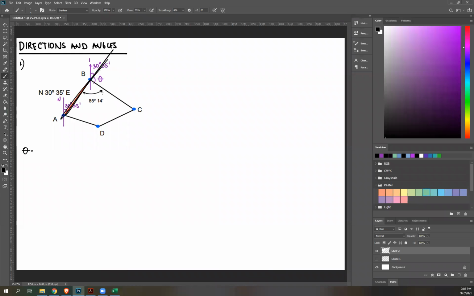Theta is actually the supplementary of 85 degrees 14 minutes. So in order to get theta, that's just 180 minus 85 degrees 14 minutes. Please solve. What's the answer? Correct, KB and John.